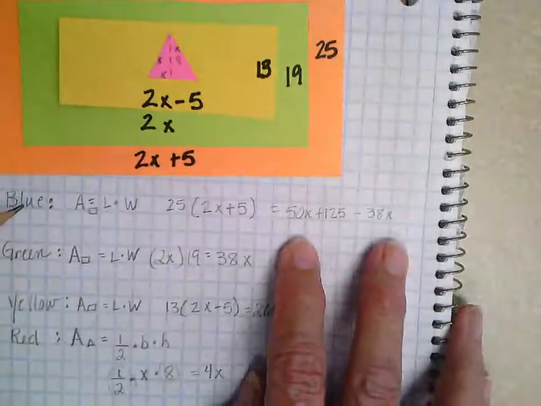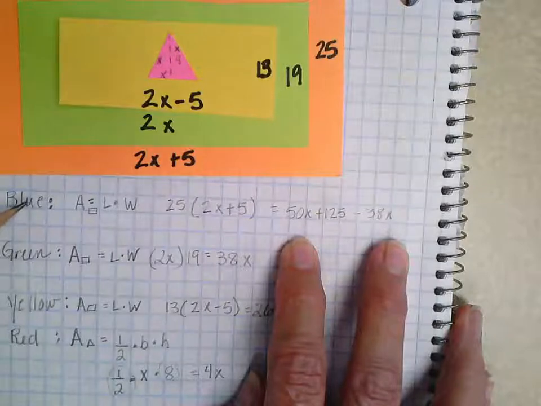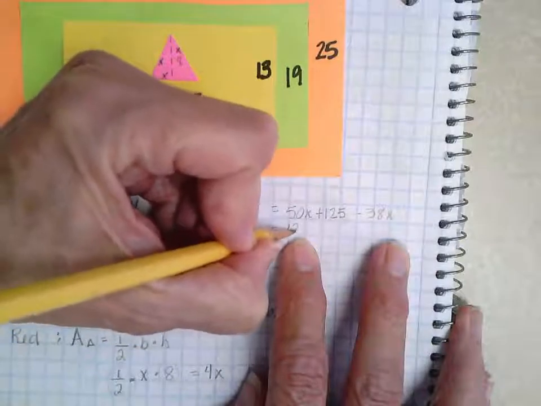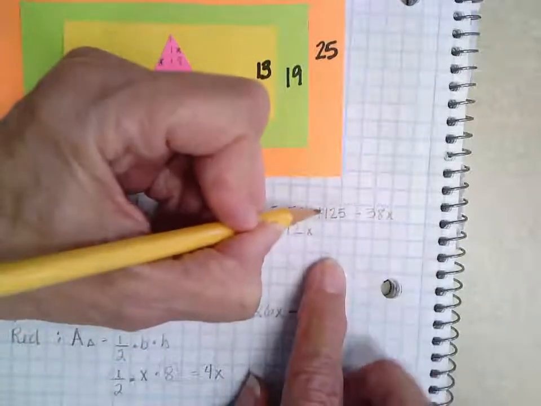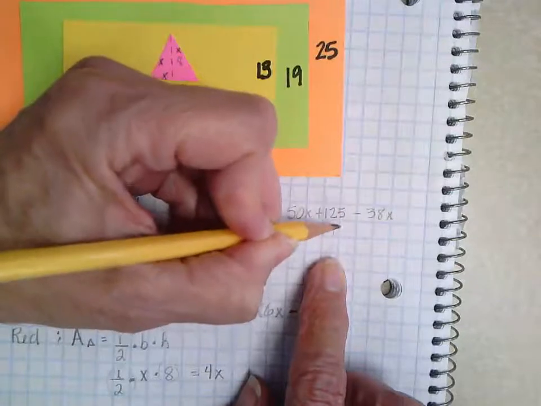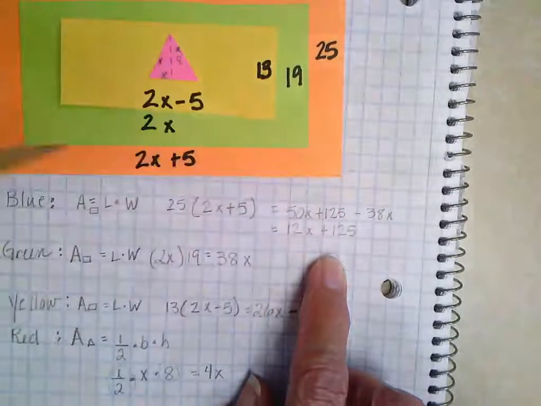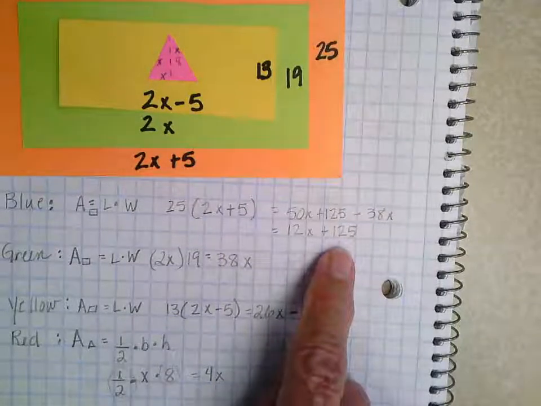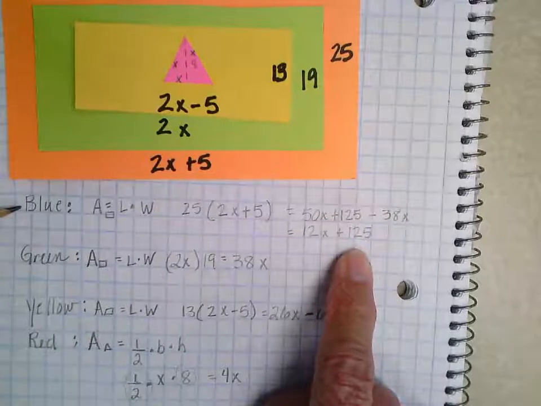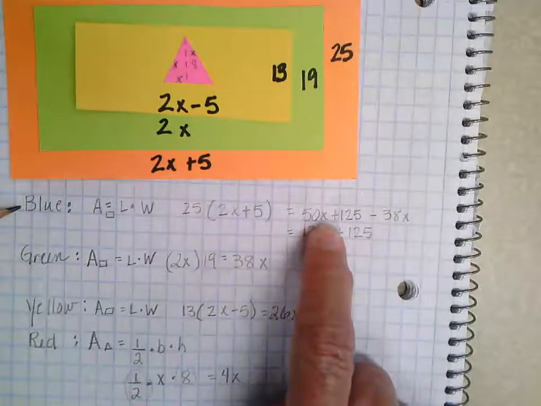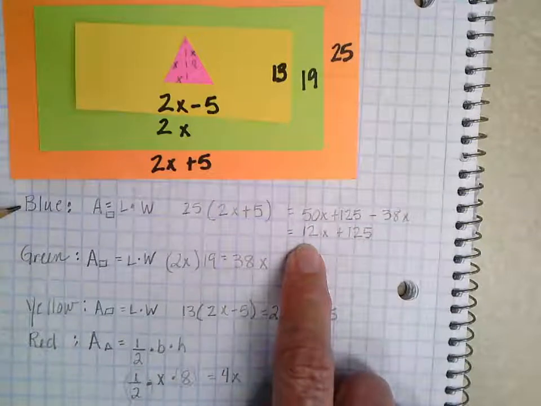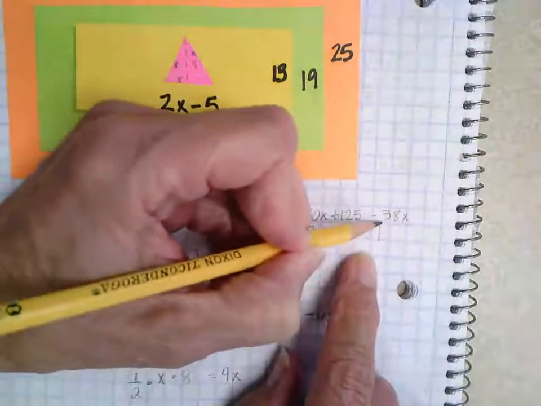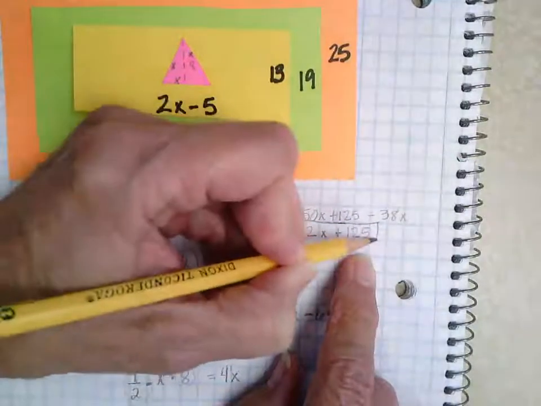If I have 50x and I subtract 38x from that, I'm going to get 12x, and then my constant is 125. I don't have another constant to change that at all. So the area of the blue, instead of being 50x plus 125, is 12x plus 125. So this is my area for my blue.